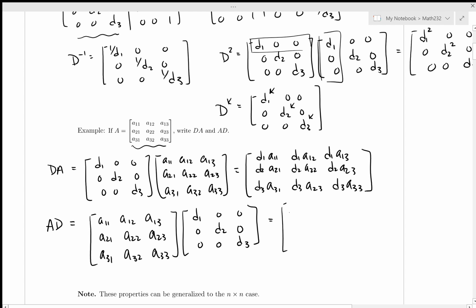All the elements in the first column are multiplied by D1, then all the elements in the second column are multiplied by D2, and all of the elements in the third column are multiplied by D3.